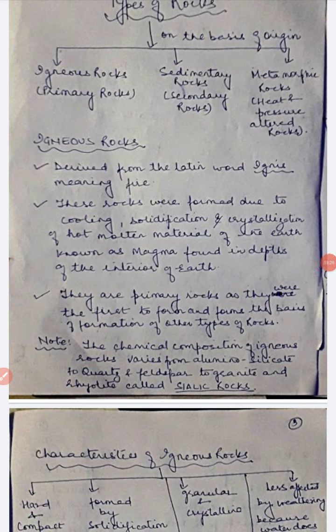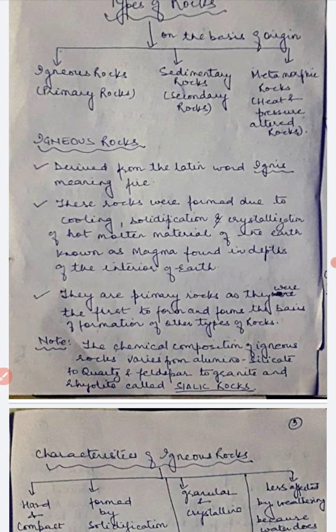First we'll know about igneous rocks. The word igneous has been derived from the Latin word ignis, which means fire. As I said, they are the primary rocks because they are formed first on the earth.